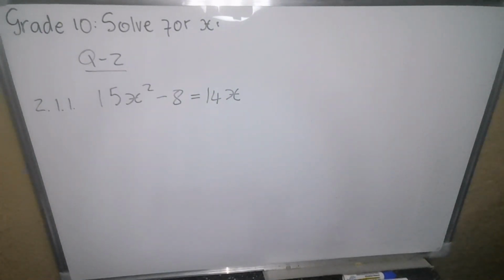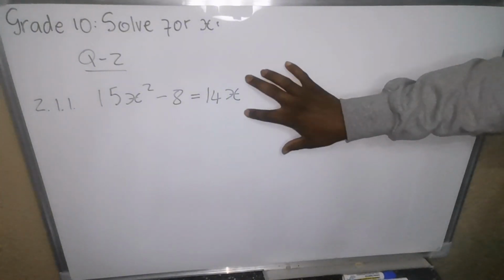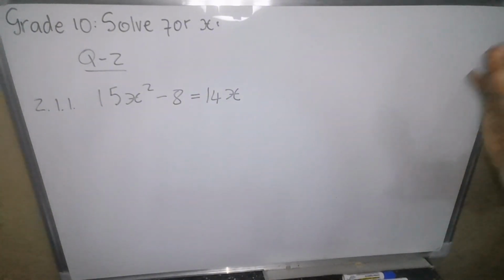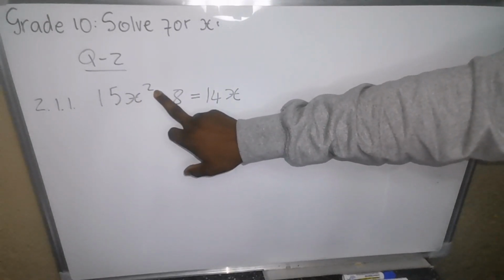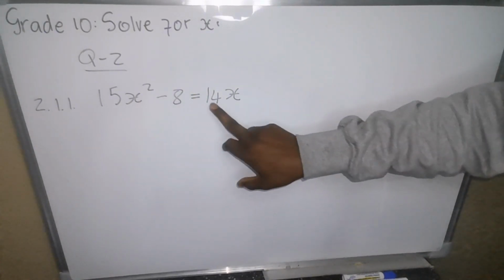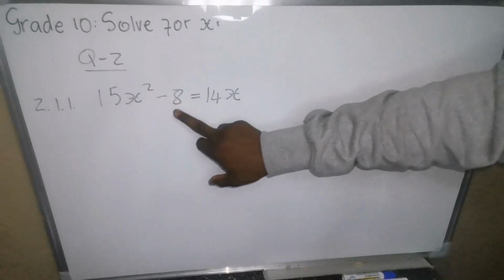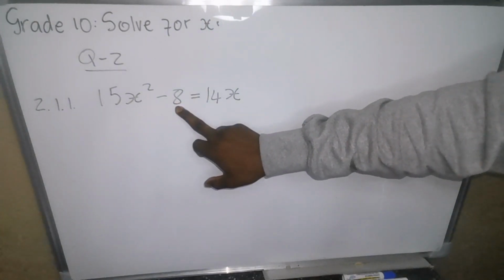Now, guys, this one is solve for x, and there are different ways of solving for x, and this is one of the ways. In this case, you have an x squared, a term with a variable, and a number with no variable, a constant.